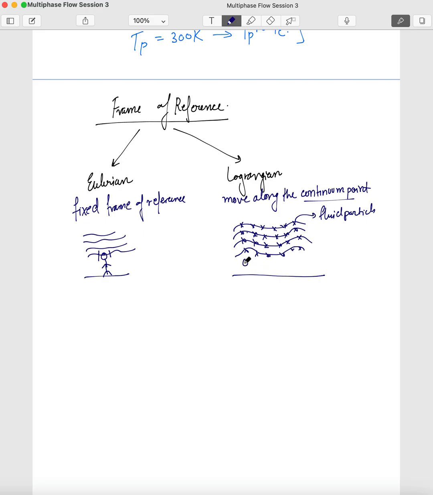So initially you are here, then you are here, then you are here. As the fluid is flowing in this direction, you are also moving in this direction. But in the Eulerian case, the fluid is moving in this direction, but you keep yourself constant. So these are the two frames of reference, two ways to see the fluid, and both have their own benefits, and you can use whichever you want according to the problem that you are solving.